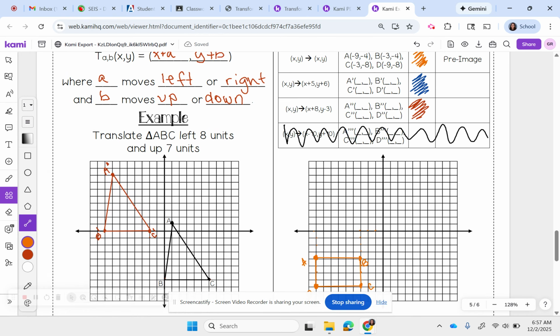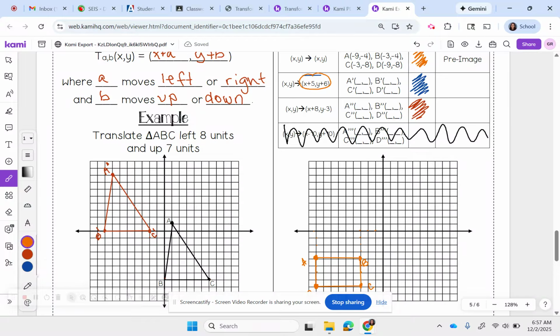Now, the purpose of our notes yesterday with the adding and subtracting is because sometimes it will give you the directions that look like this. I have x plus 5, y plus 6.